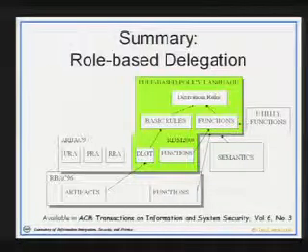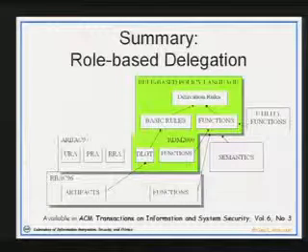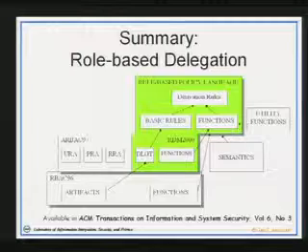So this is a summary of role-based delegation. As you know, we already have the role-based access control model in 96, and we have administrative role-based access control to manage role-based access control. But in this talk, we propose a role-based delegation model which can support delegation in role-based access control. This notion of delegation is a little bit different from trust management.